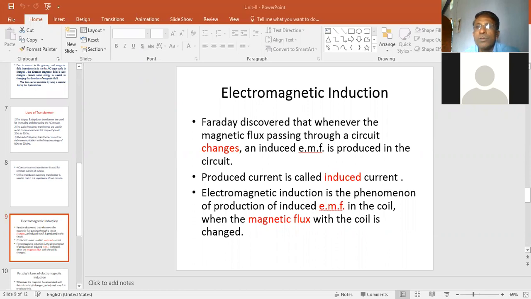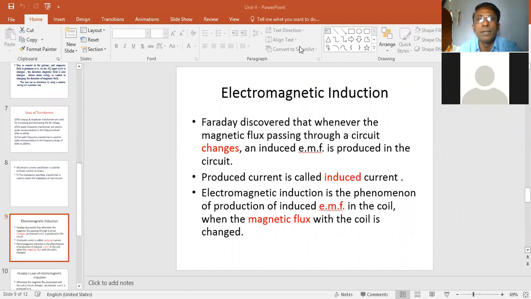Okay. So in electromagnetic induction, as the name is given, electro and magnetic. So there is a relation between magnetism and electricity, or EMF, you can say. So electromagnetic induction is a very important point in the field of physics.